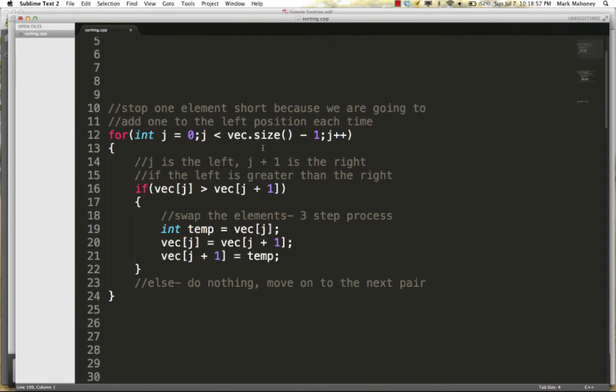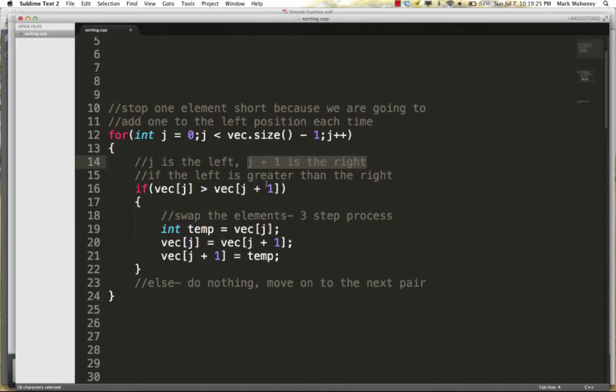Well, assuming we have a vector of items here, we're going to want to go through all the items and do a comparison of left versus right. Now in this case, my counter j is always going to represent the item on the left, and then j plus 1 will always be the item right next to it to the right.